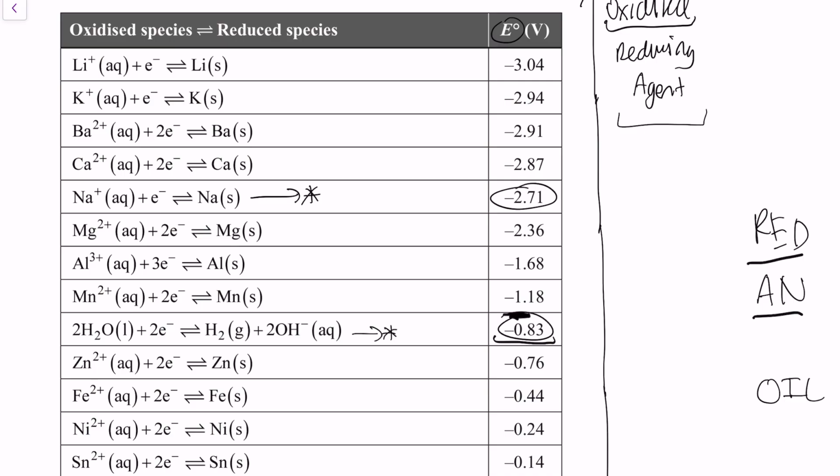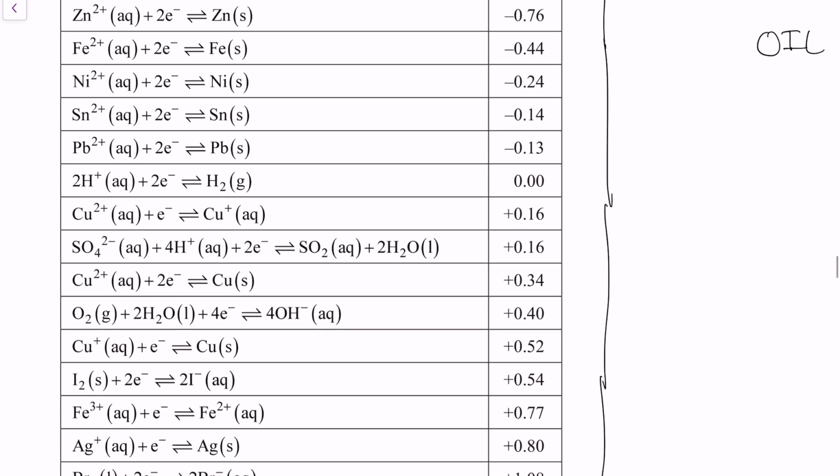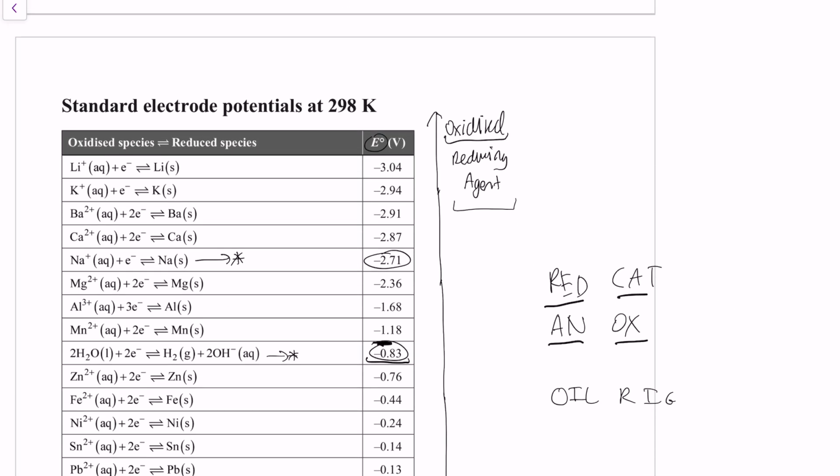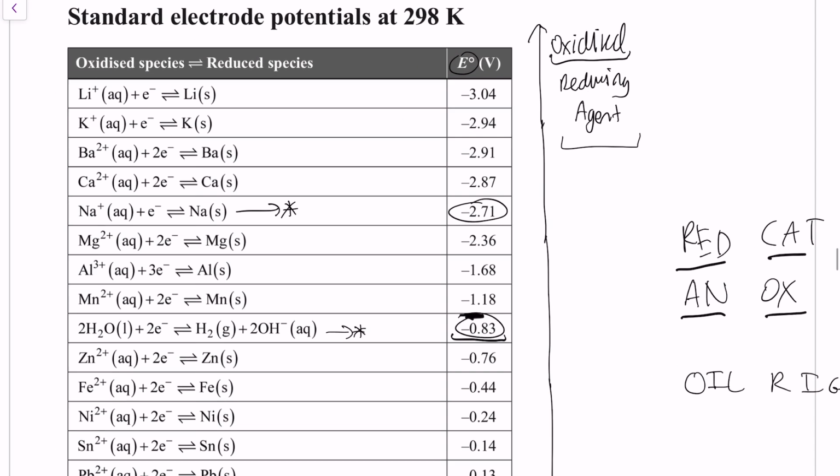And so once we've circled those values, we can see, all right, we can have reduction in either this equation here that I've starred, the Na plus plus an electron to solid sodium, or we can have a reduction here as well, where we're basically reducing the water.